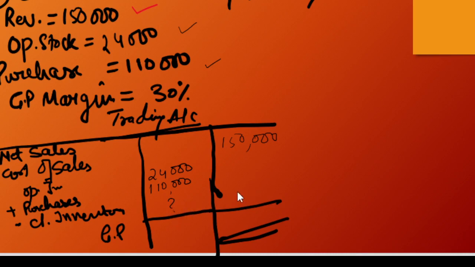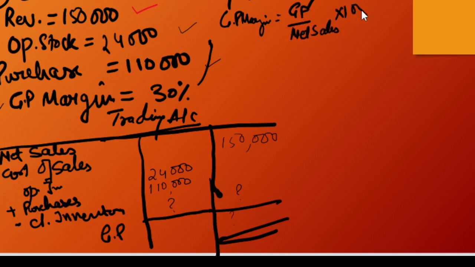Without purchases you cannot find out your cost of sales, right? And also you are not able to find out your GP. But GP margin is given. So how are you going to do it? Use this formula, the GP margin formula. GP margin is equal to GP upon net sales into 100.